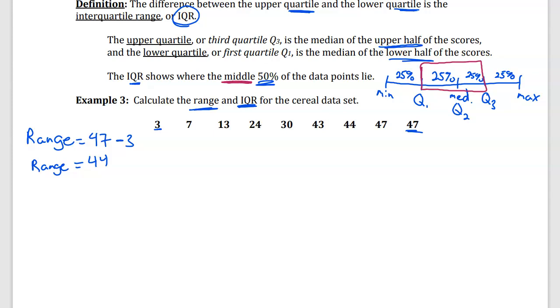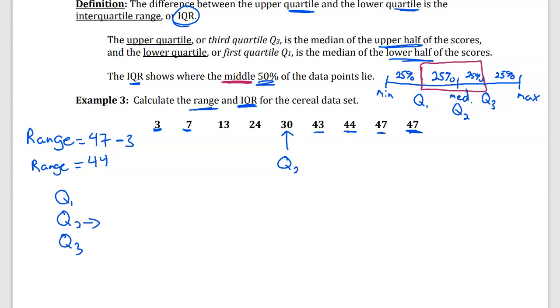Now, to find the IQR, we need to find our Q1, our Q2, and our Q3. The reason we need to find our Q2 is that's what divides us in half. So, here's one for ones, remember? Here's my Q2. Here's my dividing line.